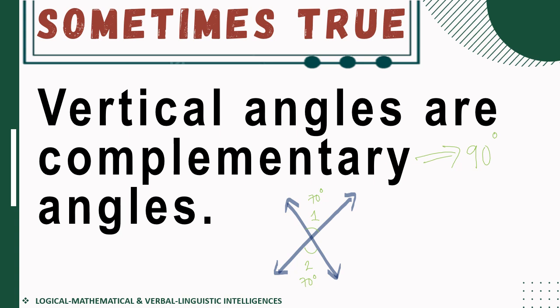But we can have two intersecting lines, let's say this one, wherein we may encounter complementary angles. Let's say this is 45 degrees, angle 3, and this is angle 4, which, of course, since they are vertical, has the same measure. So angle 3 and angle 4, 45 degrees plus 45 degrees, would give us a sum of 90 degrees.